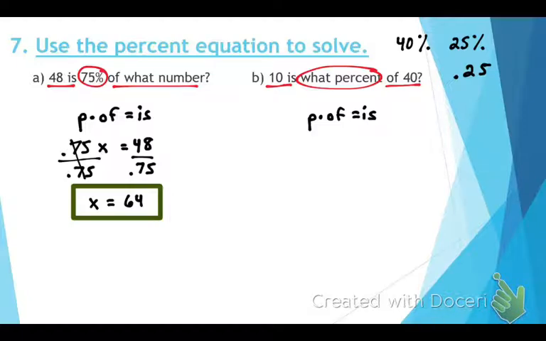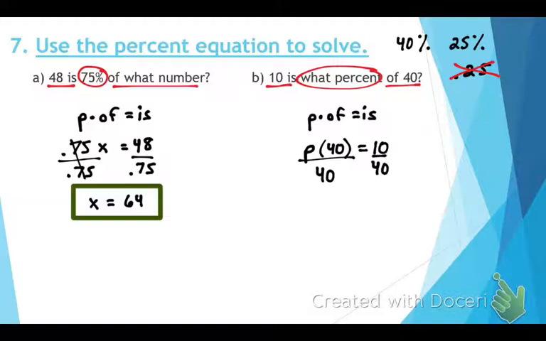Why can we get rid of 0.25? Because it's listed percent. Because if you look right here, it asks me what percent, okay? So always be careful. If you forgot to change it to a percent, do that for me now, okay? Everyone else, let's look to see what went wrong, because one of these two is the correct answer. P, we don't know it yet, times of, which is 40, equals is, which is 10.